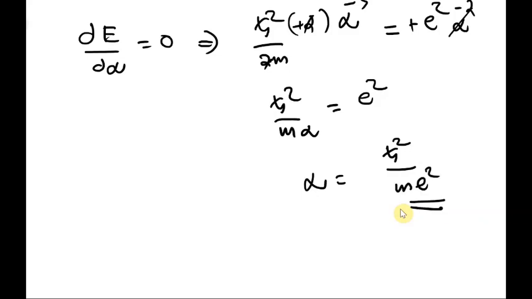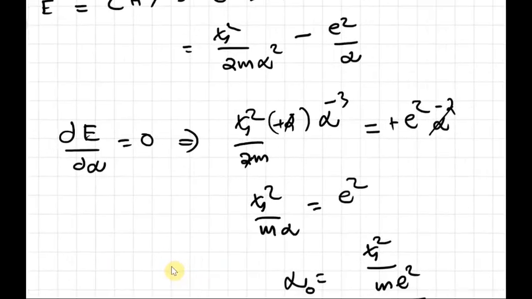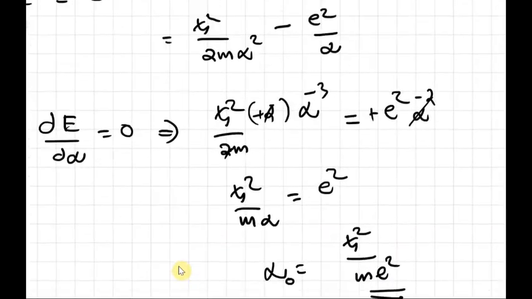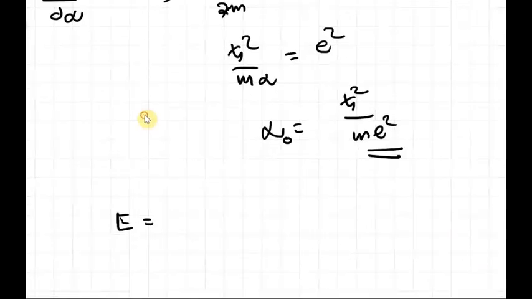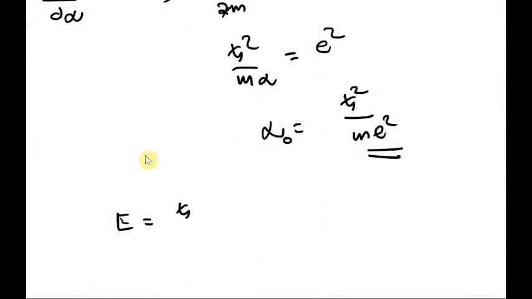Okay, corresponding to this alpha you will get the energy as stationary. So I am taking this alpha as alpha naught, and I am just substituting that value in this energy expression. So E is h cross square by 2m alpha square, where alpha is h cross square by m e square.